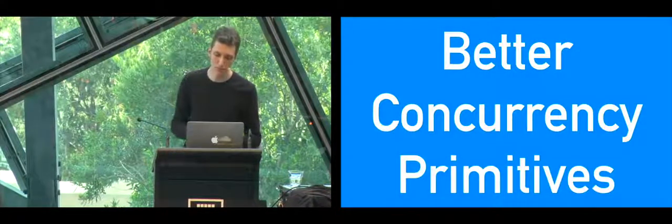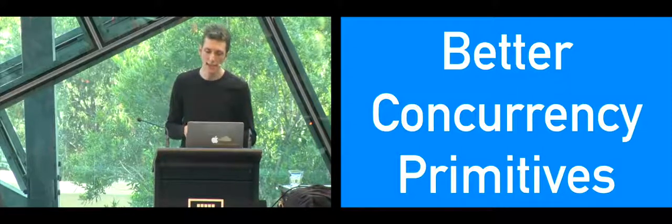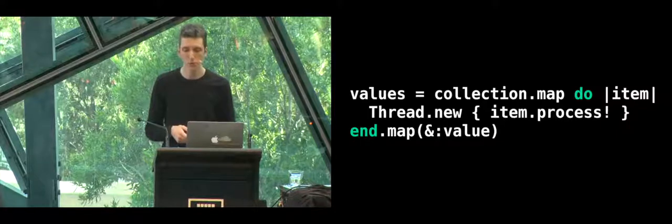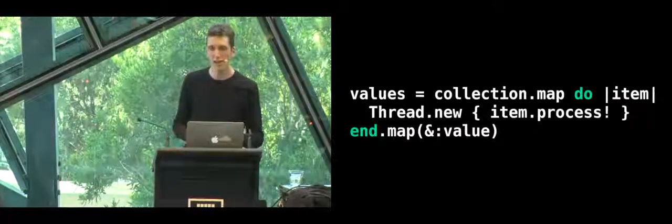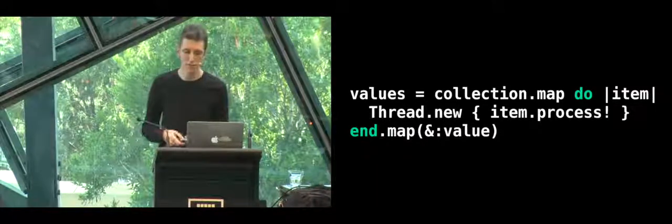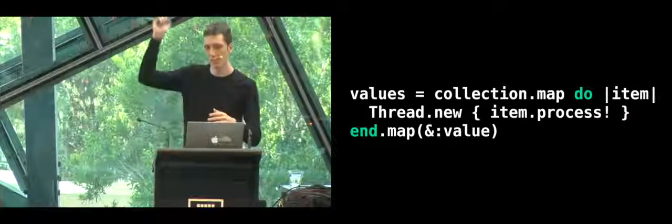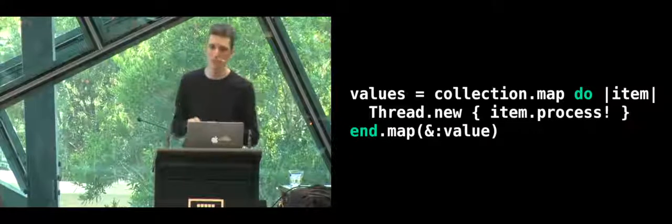Better concurrency primitives. So yeah, I think this is the last one. Basically, if you want to do concurrency in Ruby, it normally looks something like this. And you're dealing with threads, and threads are like this operating system thing, right? So let's say you have a collection that has like 1,000 items, that's going to spawn 1,000 threads, which, you know, your operating system will probably not deal with very well.